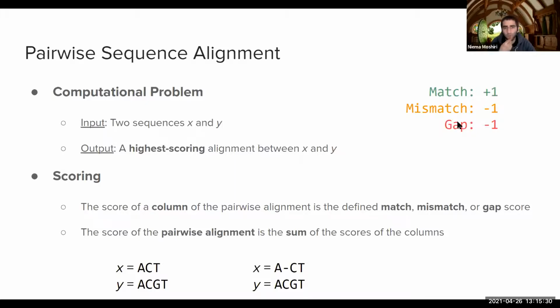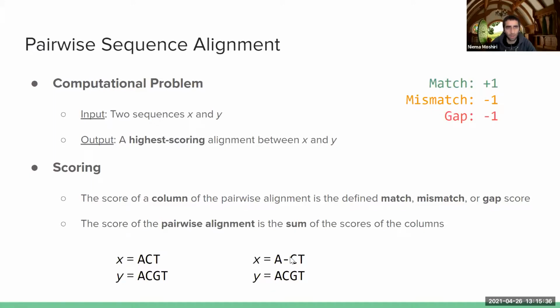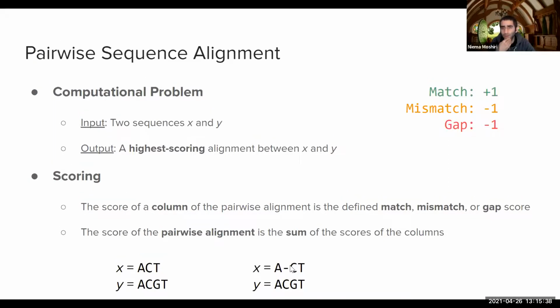What would be the score of this alignment in the middle? This one right here. Feel free to type it in the chat. I'm seeing a couple people are saying 0. Yeah, exactly. So let's take a look.